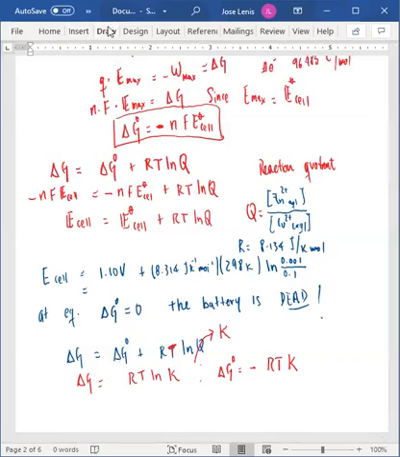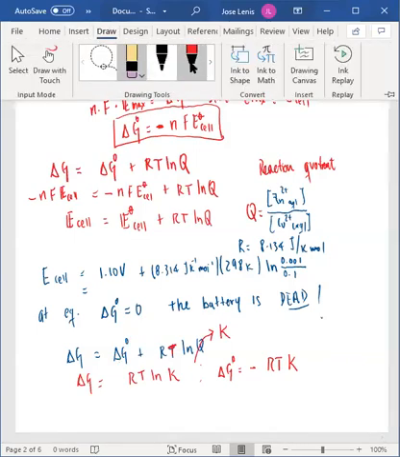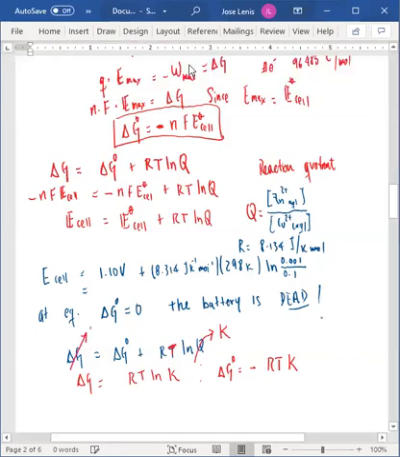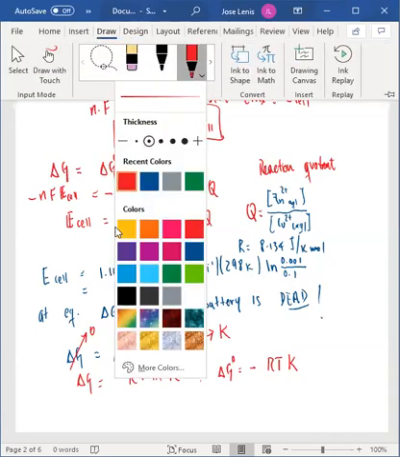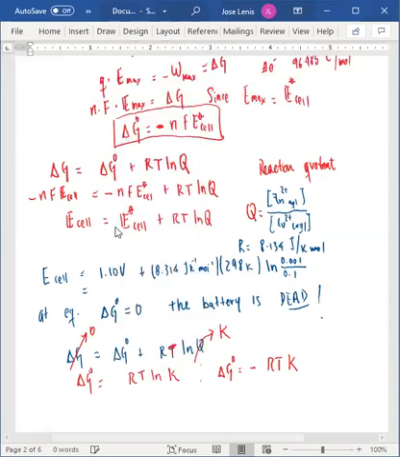Delta G will become 0, and delta G standard will become negative RT natural log of K. And what is this?